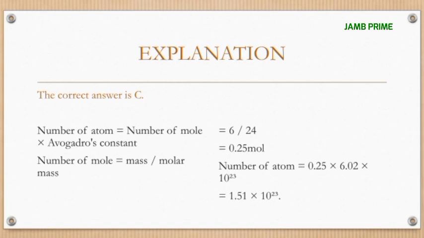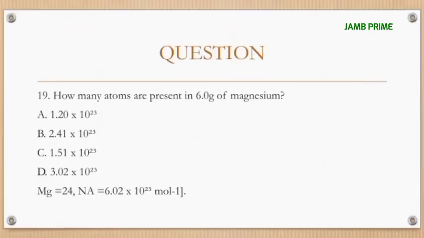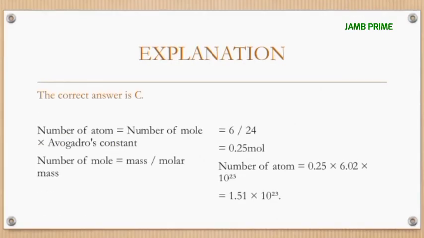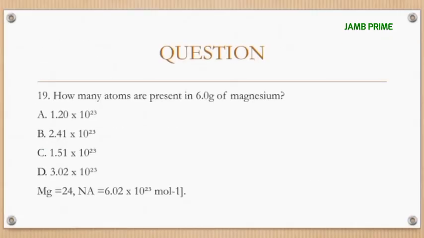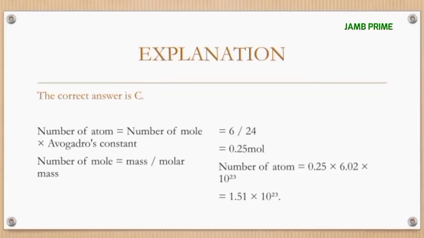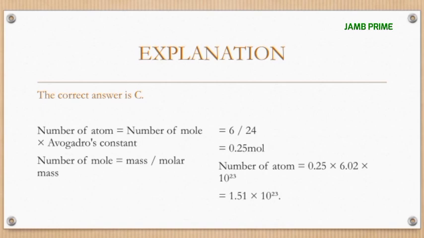So the number of atoms in magnesium equals 0.25 mole times the Avogadro's constant, which is 6.02 times 10 to the power 23. Everything there should give you 1.51 times 10 to the power 23. So that should be C, the correct answer to this question.